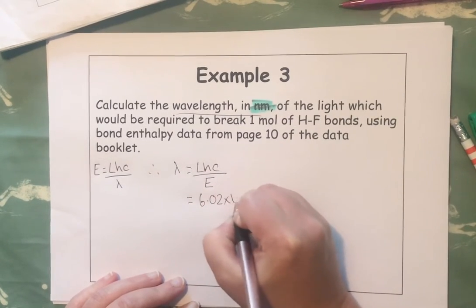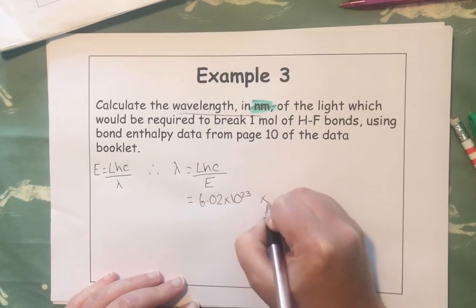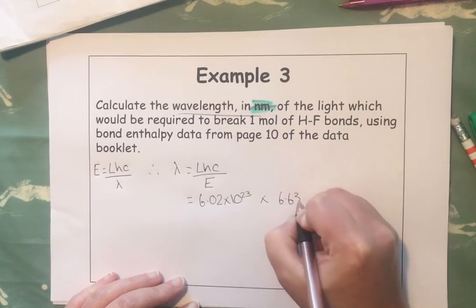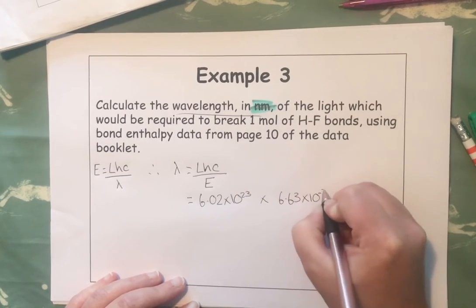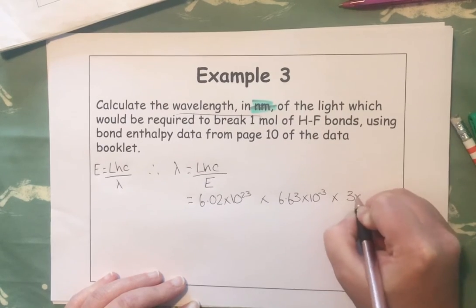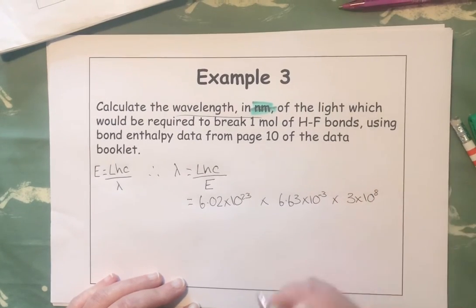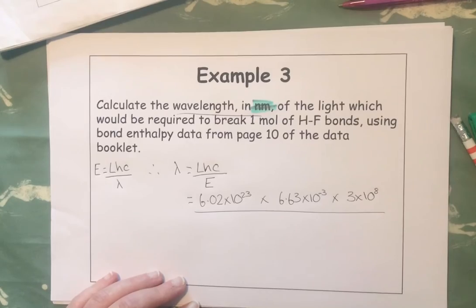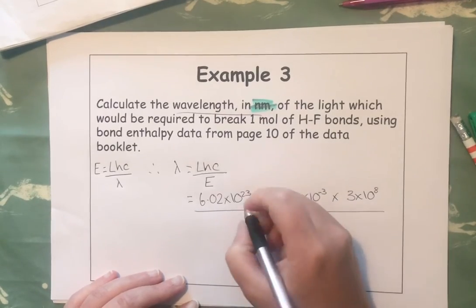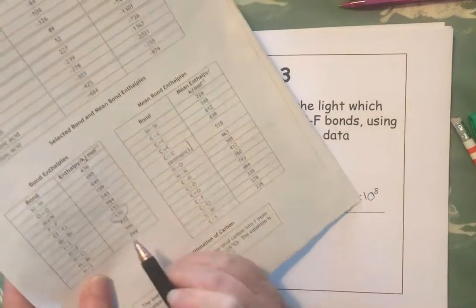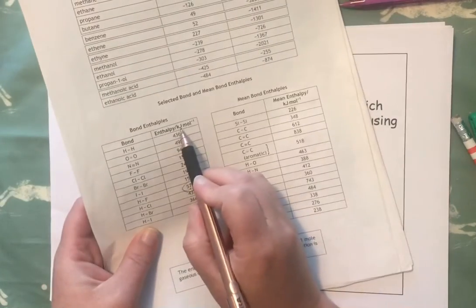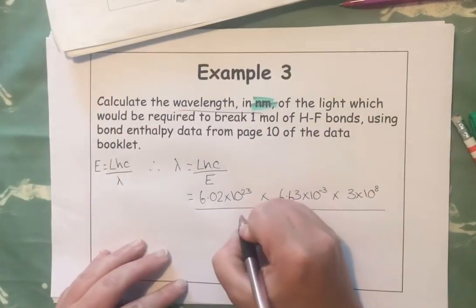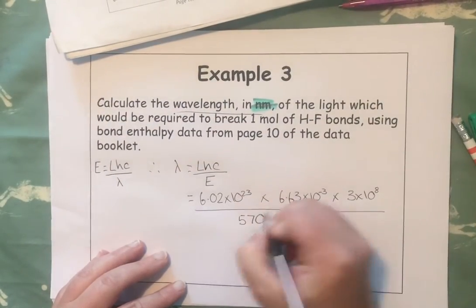So Avogadro multiplied by Planck's constant multiplied by the speed of light. And this time I've got an energy on the bottom. So my energy, if I look, is 570 kilojoules per mole. So it's 570.